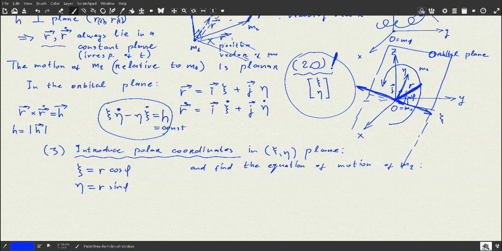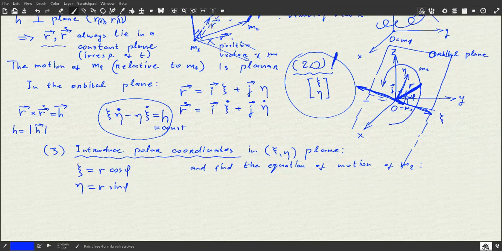By the way, in real astronomy, you can think that M1, which is now placed in the origin, is, for example, the Sun, and M2 is any planet, for example, Earth, Mars, Jupiter, whatever. Or let's say M1 is the Earth itself, whereas M2 is the Moon or any of our artificial satellites.